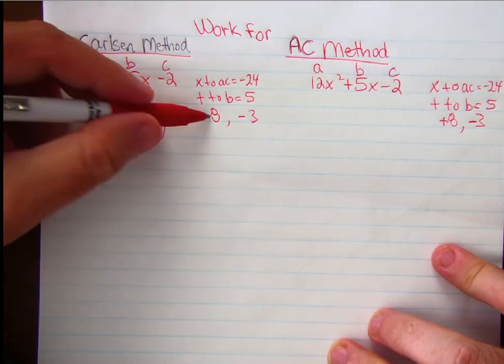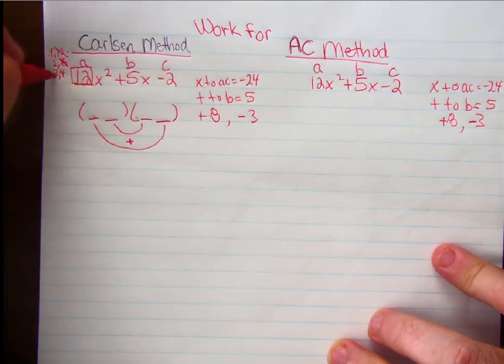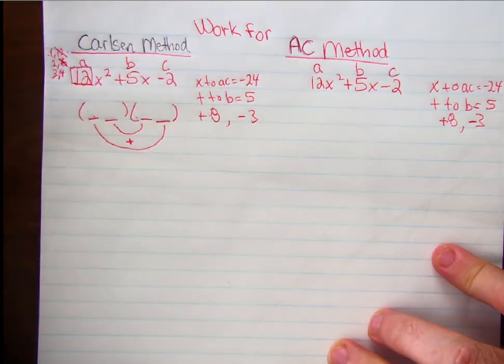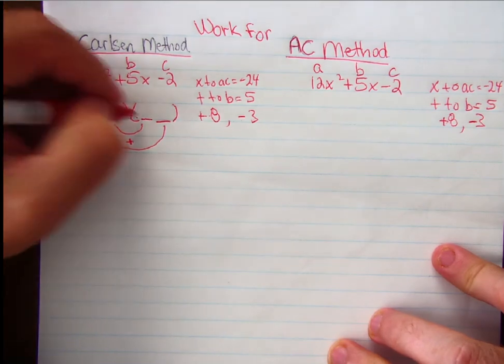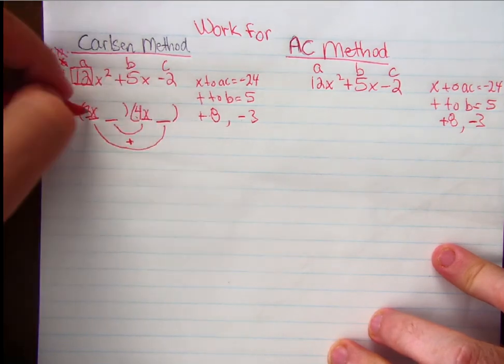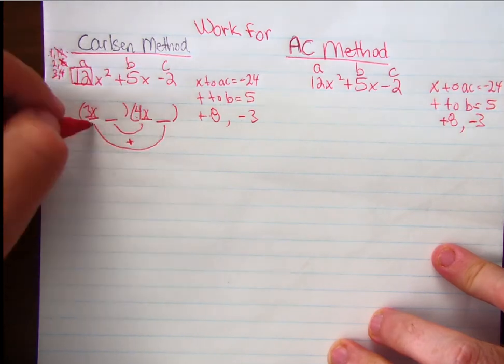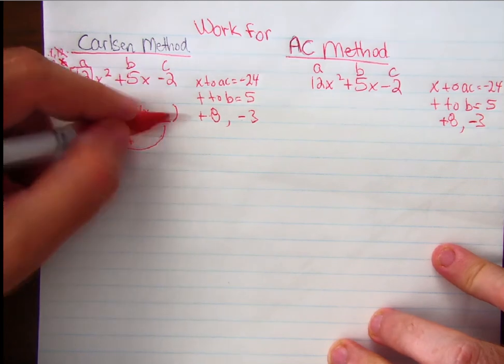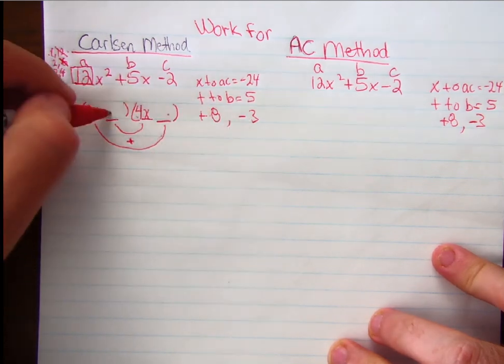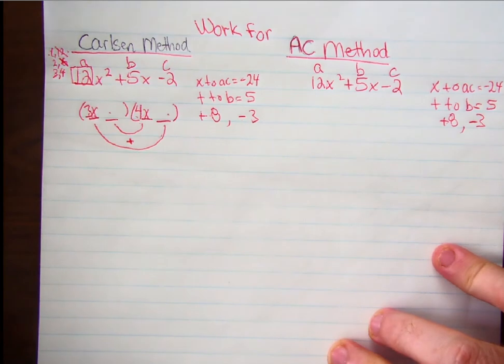Does 4 go into 8 evenly? Yes, it does. Does 3 go into -3 evenly? Yes, it does. So I can see those two work. So 3x and 4x. It doesn't matter if I put the 4x here or 3x here because the key is the smiley faces. This one times this one has to multiply to one of these, and this times this has to multiply to the other one.